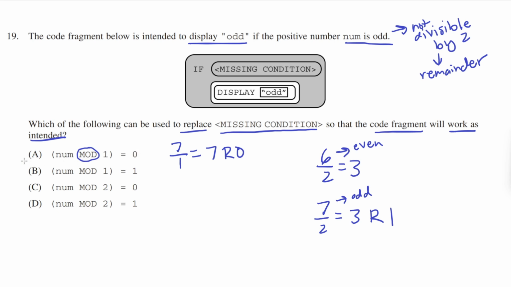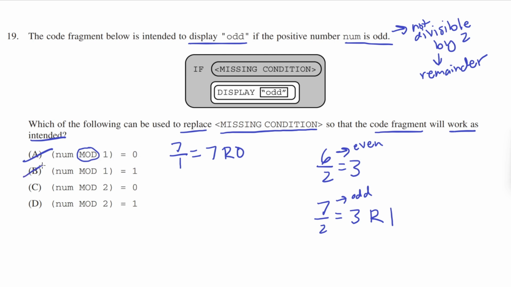So this is not going to allow our code to work as intended because we only want the if statement to return true, meaning return a value 1, if the number is odd. And in this case, this will always return just 0, no matter what the number is. So using num modulus 1 is not going to work in this case.